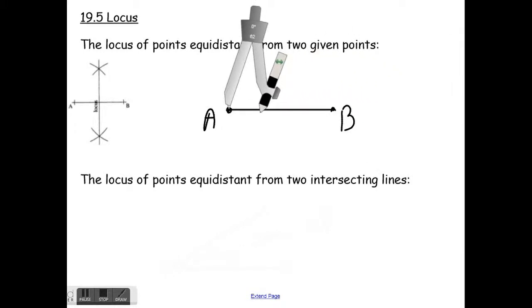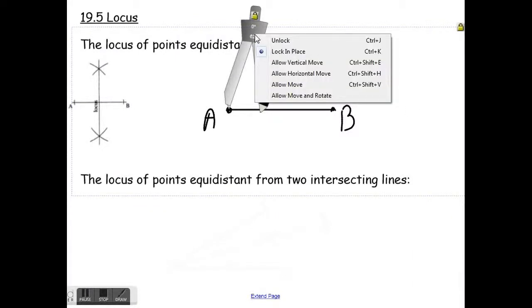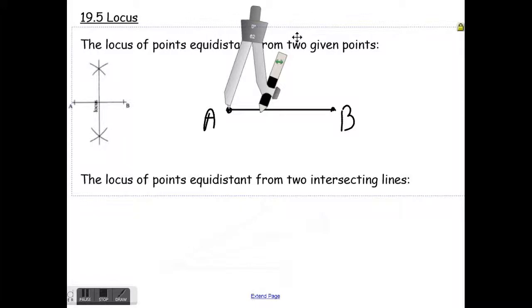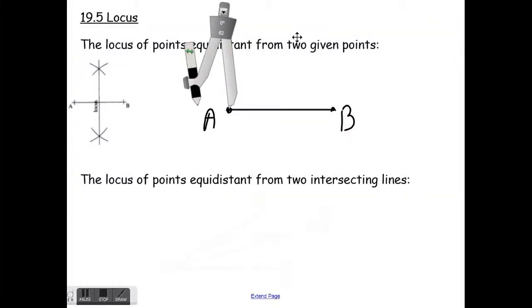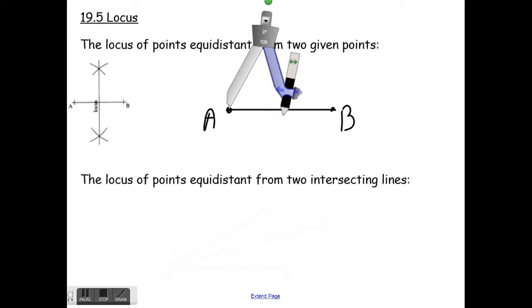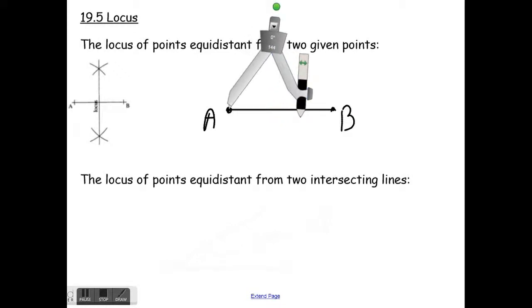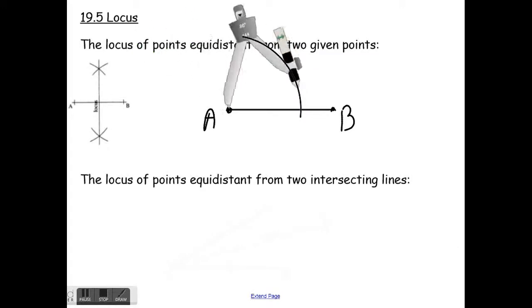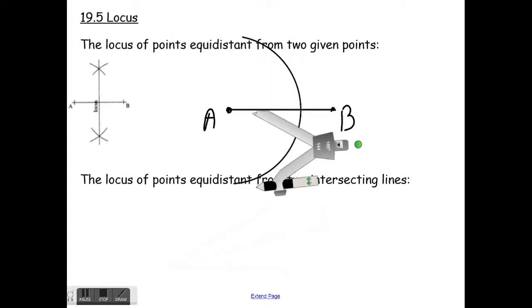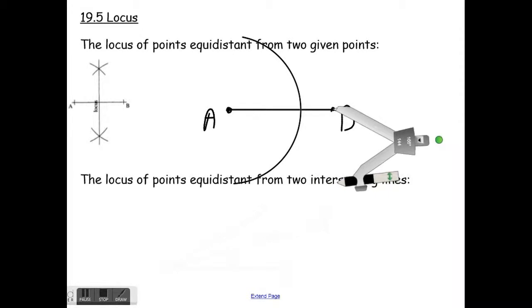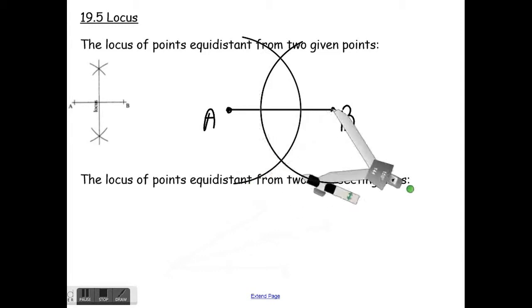Okay, now mine here is not big enough. I don't want that. So I need to make it bigger here. There we go. So if this is my point, I put one end here, and I will draw a curve like this. Then I will move it to my other point, and again I will draw a curve like this.